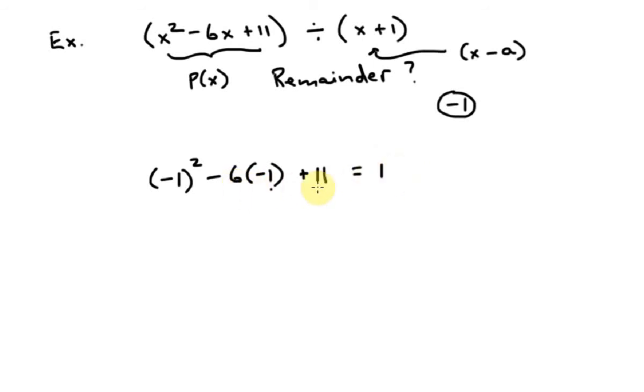This would become a positive 6, and then plus 11, and that gives me 18. Now, I know you're probably thinking, well, why are we so interested in figuring out the remainder? But that will become very clear in the next lessons. There is a reason we want to have a quick, reliable way to figure out what the remainders are.